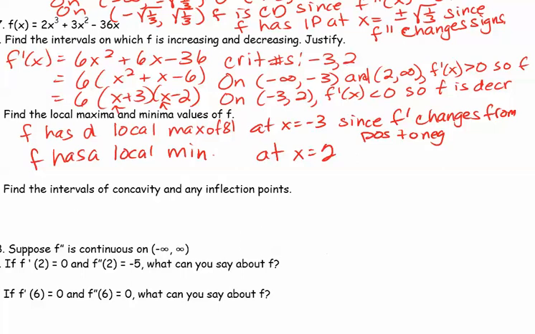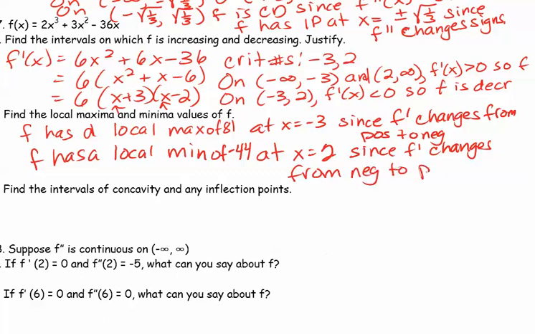And I went back and did some computation, -44 at x equals 2, since f prime changes from negative to positive. So again, this is the first derivative test.